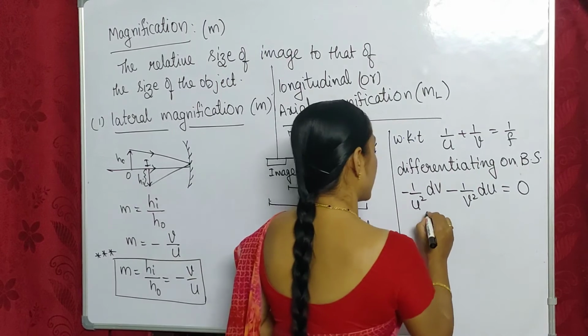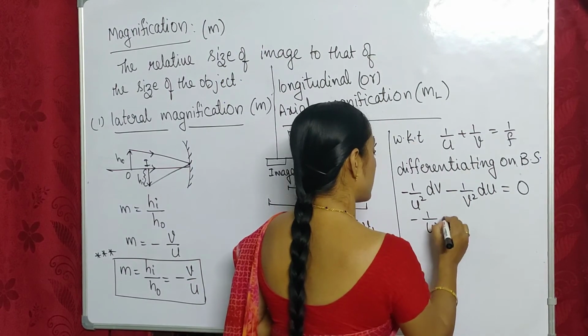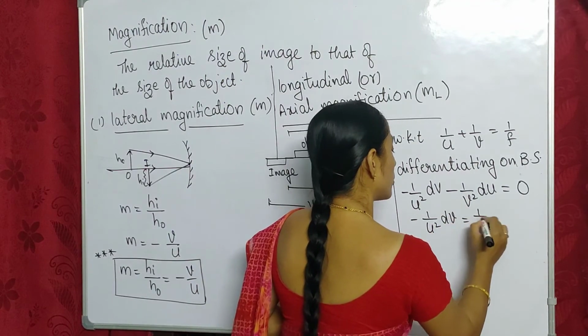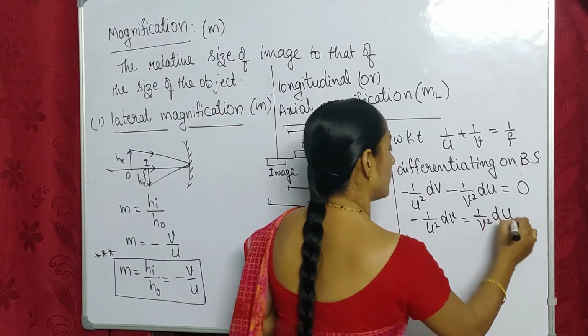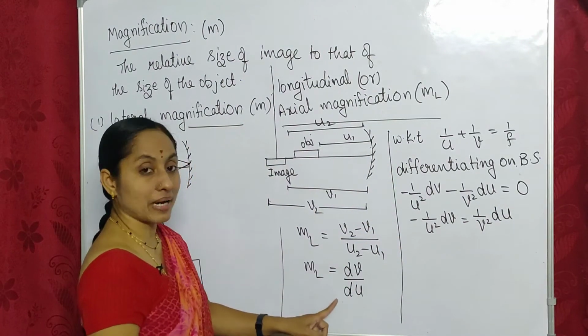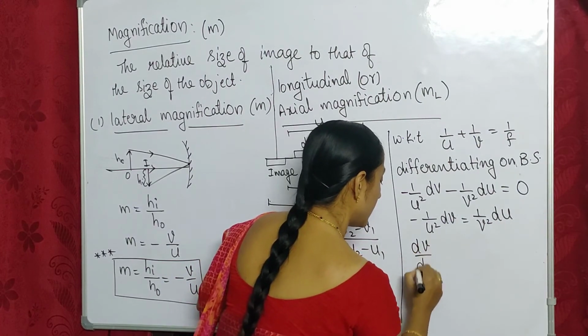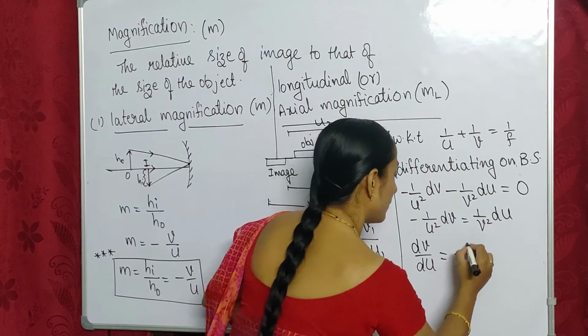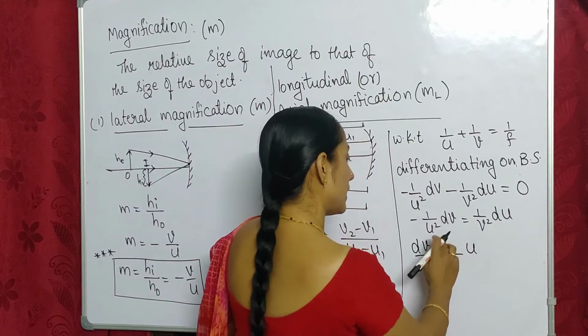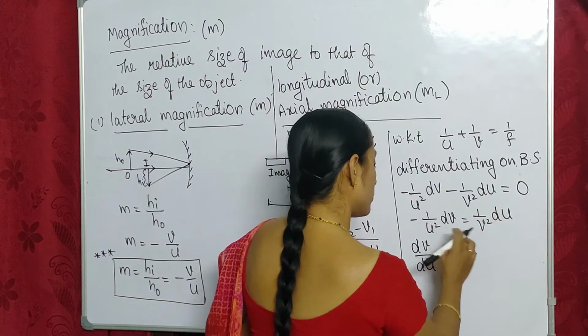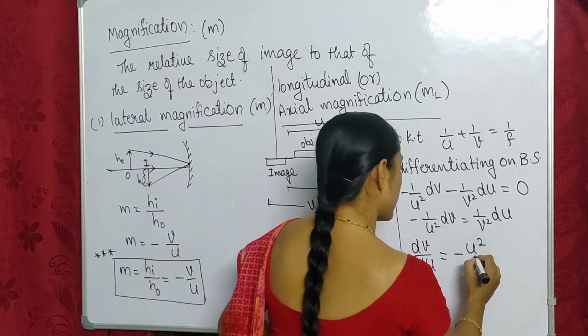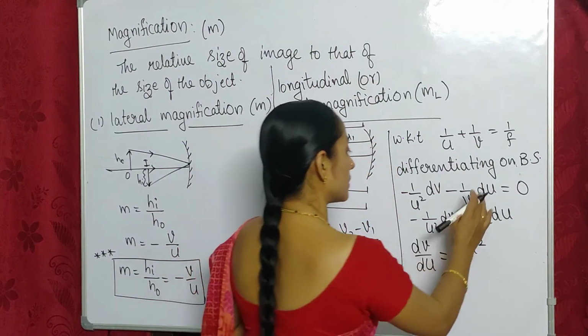Now take to the other side. What we want is dv by du. I have written it the other way.